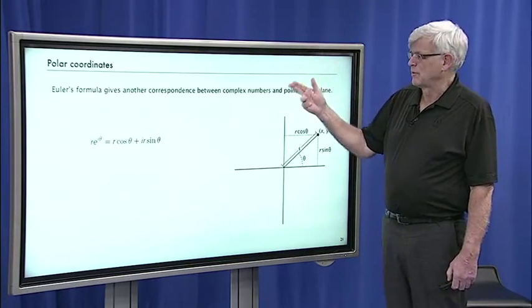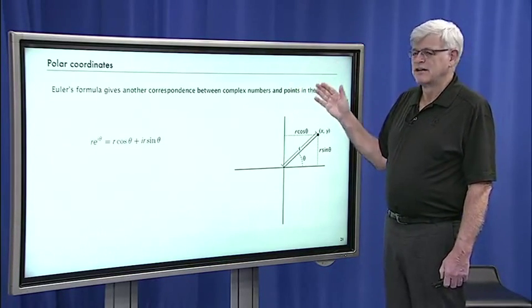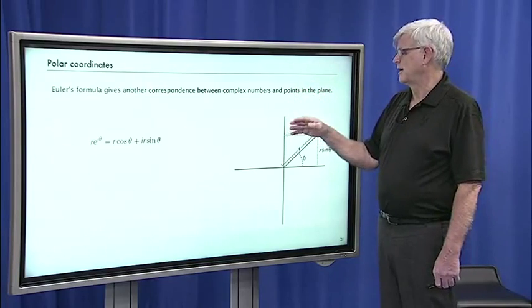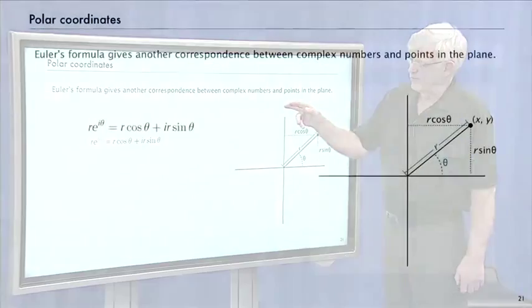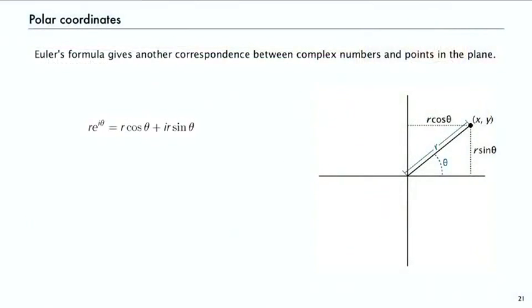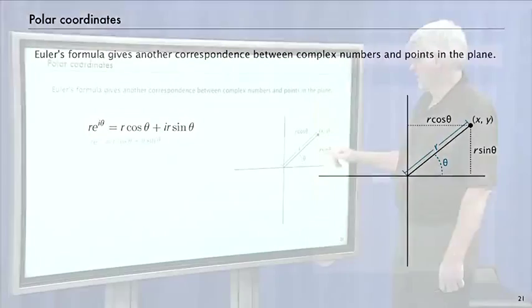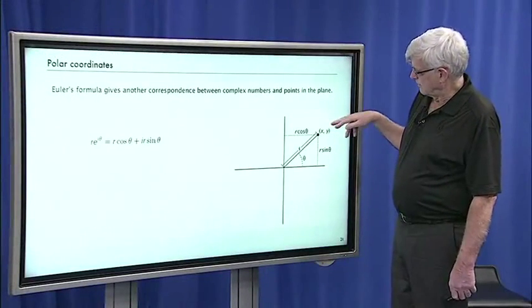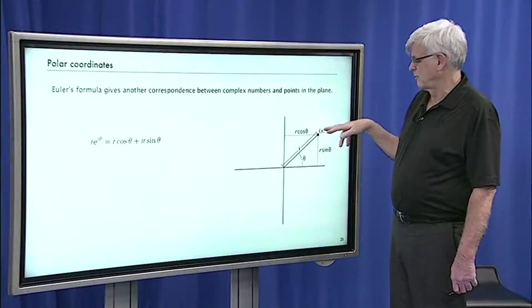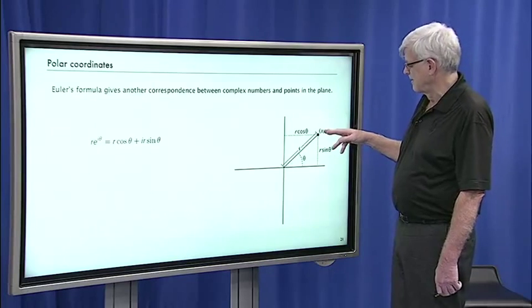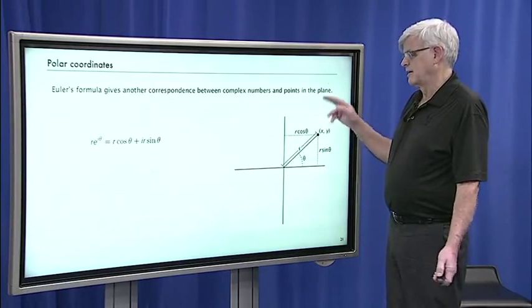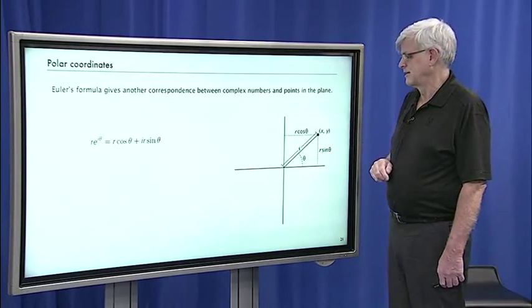One thing that Euler's formula does is it gives us another way to find a correspondence between complex numbers and points in the plane. So e to the i theta equals cosine theta plus i sine theta, so r e to the i theta equals r cosine theta plus i r sine theta. And so we can use polar coordinates to refer to a point in the plane. If it's at angle theta and distance r, then we can write it as r e to the i theta.